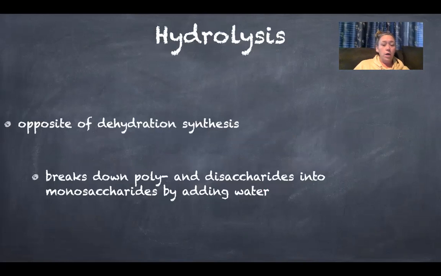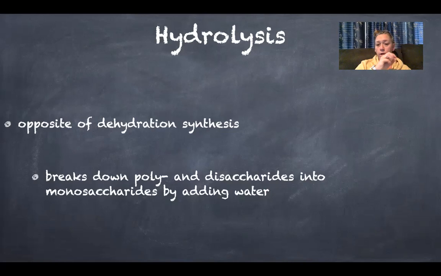Okay. All right, so hydrolysis is the opposite of dehydration synthesis. It breaks down polysaccharides and disaccharides into monosaccharides by adding water. If we're going from monosaccharide plus monosaccharide to a disaccharide or polysaccharide, that's a dehydration synthesis.